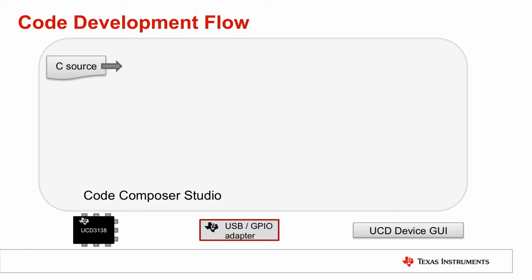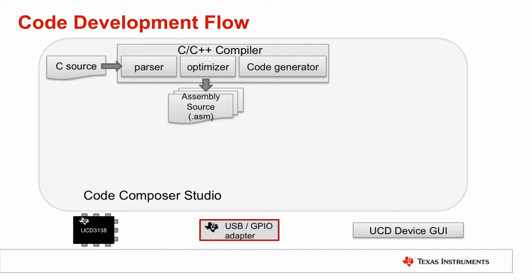Now for a brief overview of the code development flow from C source files to a programmed UCD device. In Code Composer Studio, the C or C++ source files are passed through a C compiler for parsing and optimization. The output of this process is a set of assembly source files.